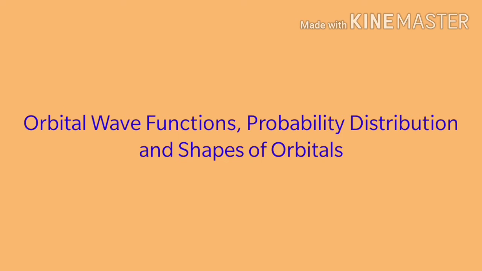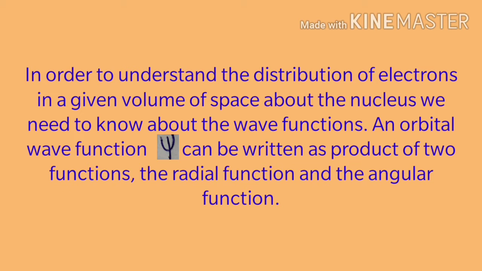Good morning, children. Today we will study orbital wave functions, probability distribution, and shapes of orbitals. You already know that electrons behave like a wave. So we have to study the orbital wave function, that is for an orbital, and the probability distribution, that is the distribution of the electron cloud, and the shapes of different orbitals.